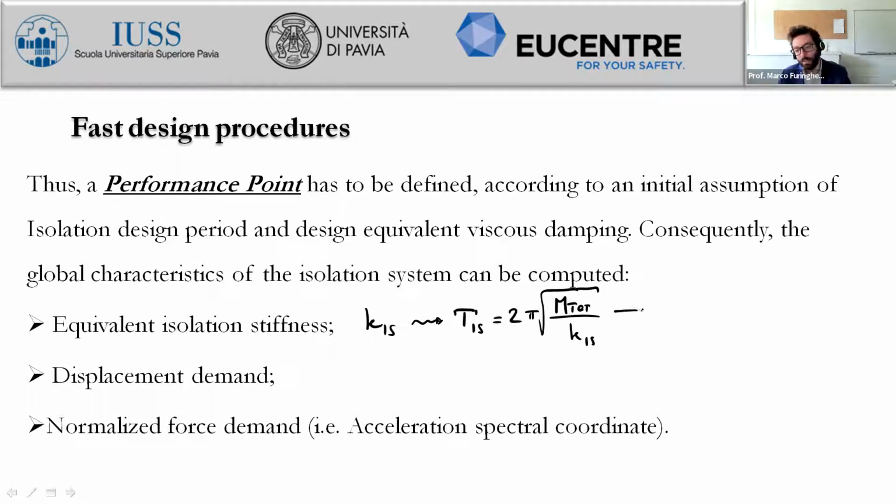So we get the expression for the equivalent stiffness of the isolation system, which is the total mass multiplied by 2 pi over T_isolation, squared. And this is actually omega squared.